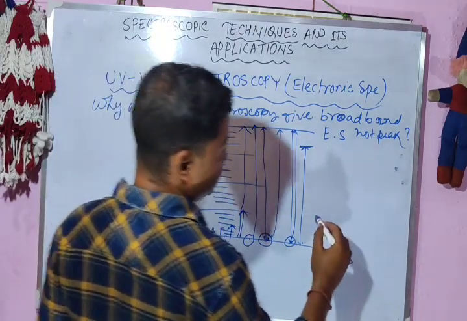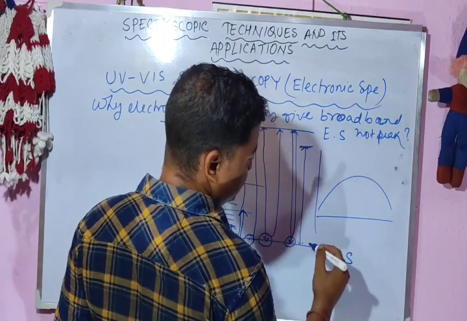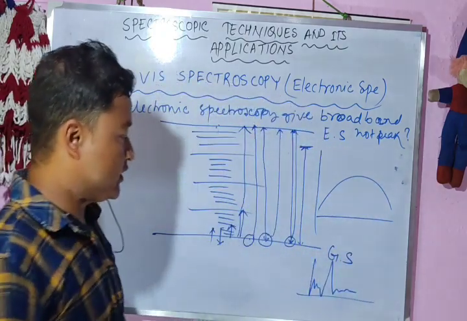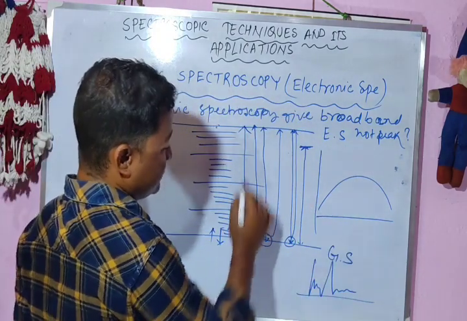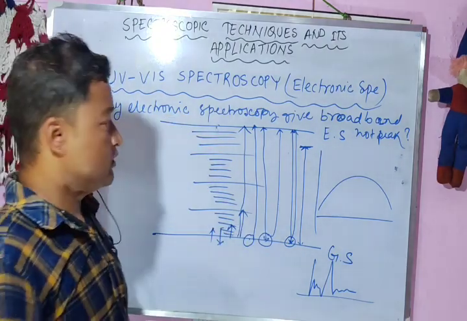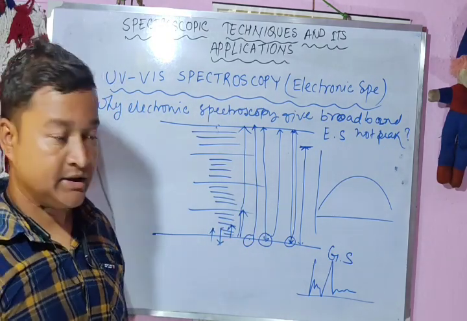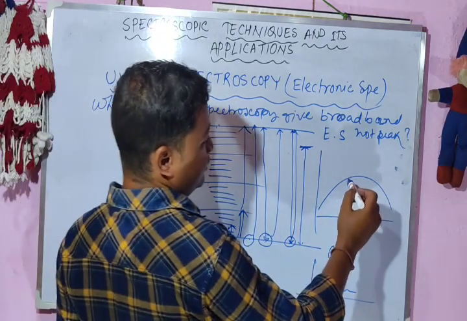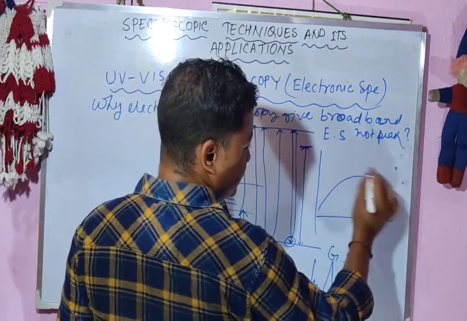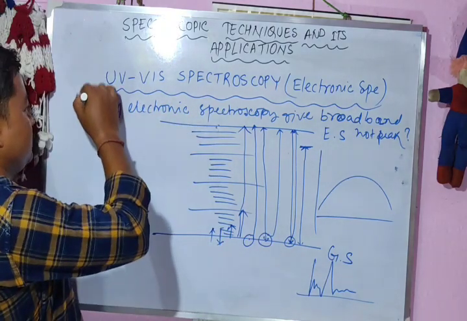That is, the UV spectroscopy or electronic spectroscopy plot is this type, not this type, because with the electronic transition there are some rotational levels or vibrational levels. So with the electronic transition there also occur vibrational and rotational transitions. That's why UV spectroscopy does not give a peak, it gives a broadband. Okay, this is a very important question.